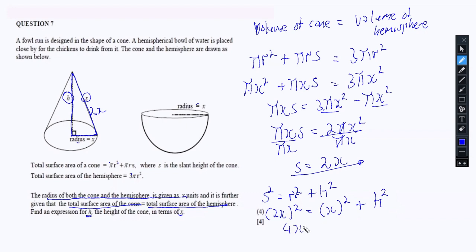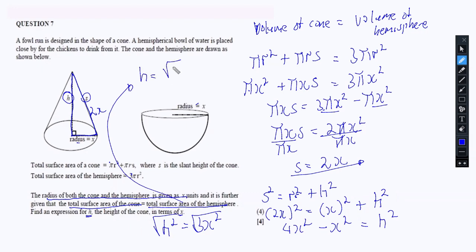This will give us 4x squared. Let's transpose this over. It will be minus x squared, and then is equal to h squared. 4x squared minus x squared gives us 3x squared. And then to calculate h, we need to square root both sides like this. And then therefore, our h will become what? Root 3 and then x. So that's it. It's root 3x.